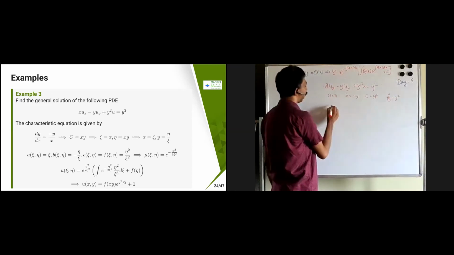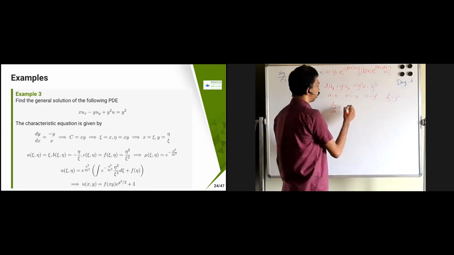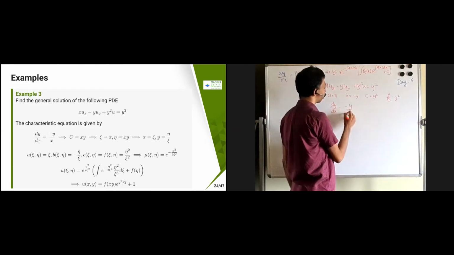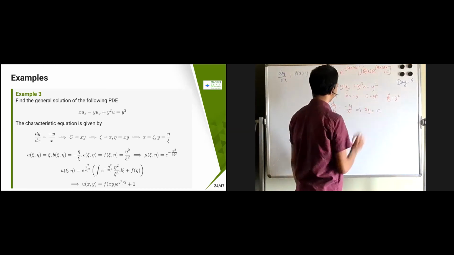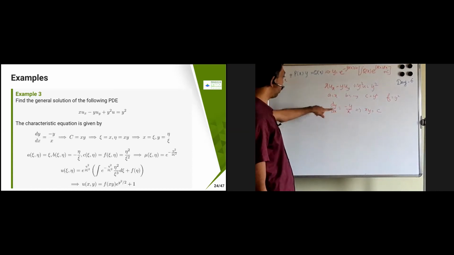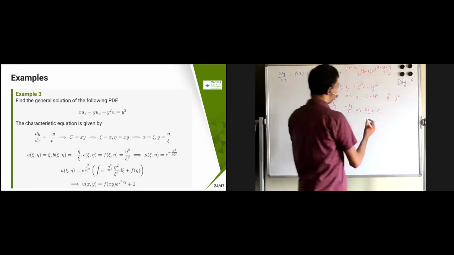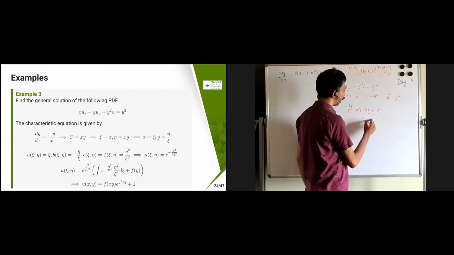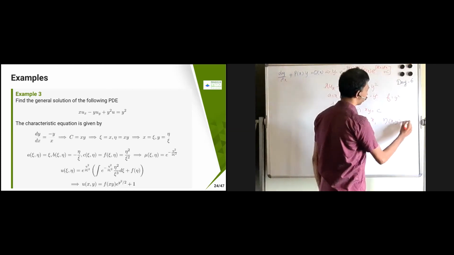So I have to find dy by dx, which is nothing but minus y by x, which implies xy equal to c. Am I right? x dy plus y dx. Yeah, so it will become xy. So I can choose my chi equal to x and eta of x comma y equal to xy.